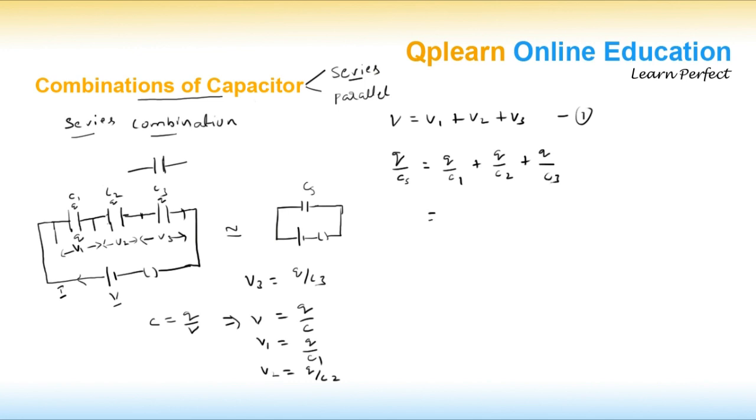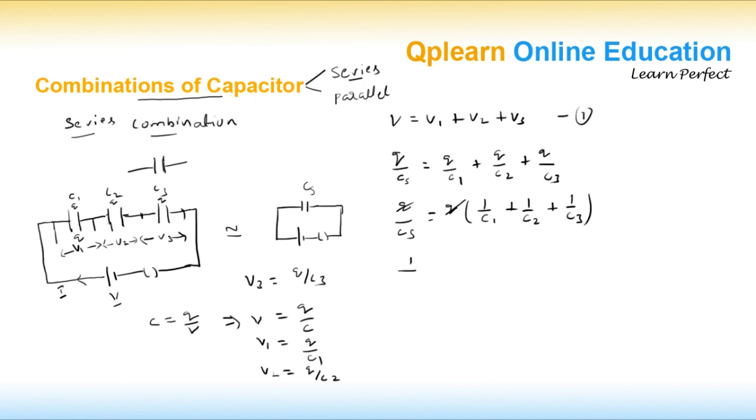On the right-hand side Q is common, so take Q common, and what is left inside the bracket is 1 by C1 plus 1 by C2 plus 1 by C3. Here Q by CS, and this Q and this Q get cancelled.